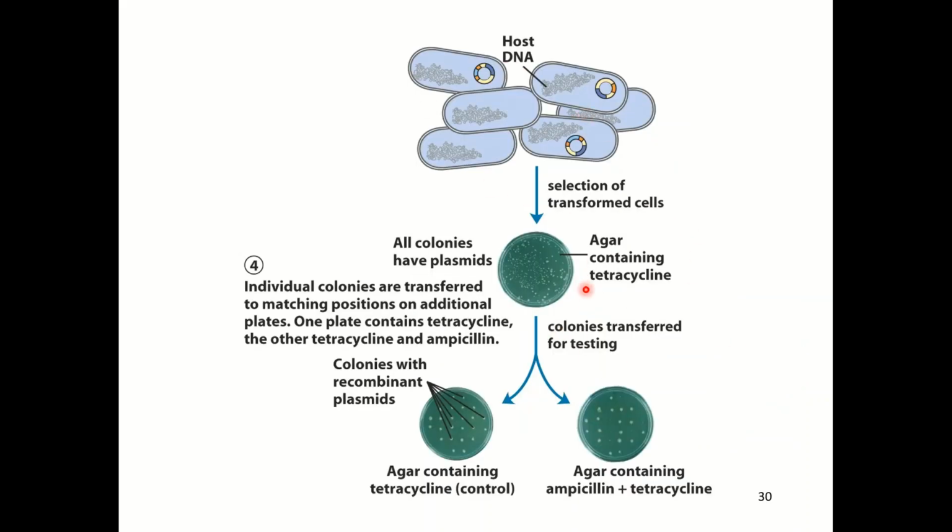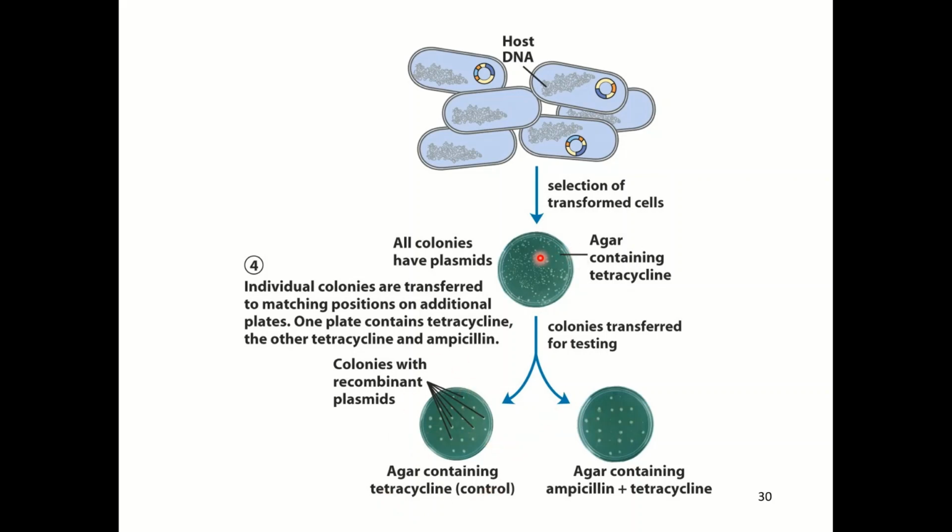Right, so we do that. We grow first in agar-containing tetracycline, right? They're all going to grow. Then we can transfer single colonies from this onto agar containing ampicillin and tetracycline, or agar containing just tetracycline.